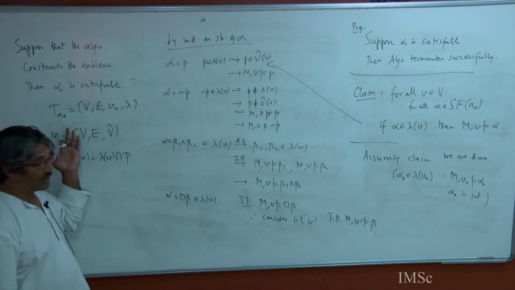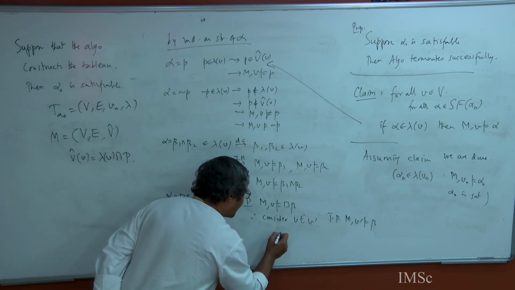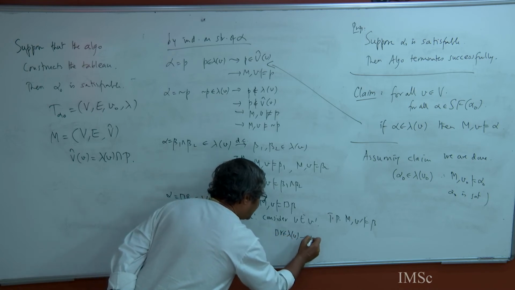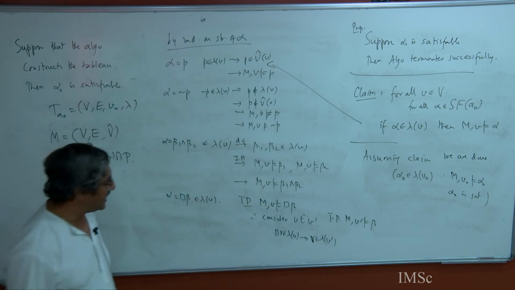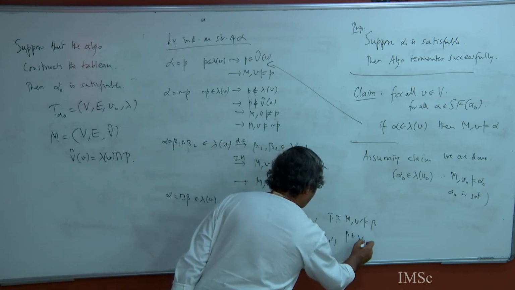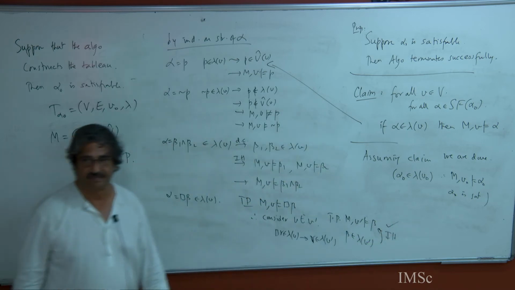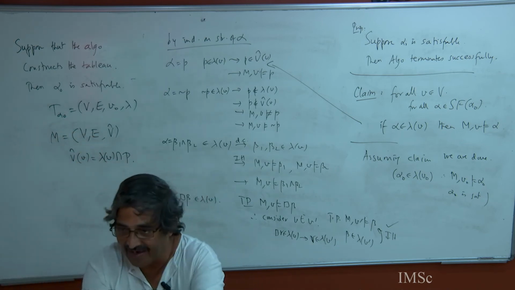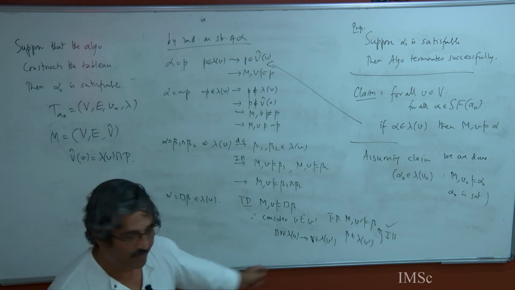But T is a tableau, so whenever V prime is a successor, we know that box gamma belongs to lambda of V implies gamma belongs to lambda of V prime, right? We know that. Therefore, in particular, beta belongs to lambda of V prime, and then by induction hypothesis this follows. Yeah, this is the condition that we have maintained, right? After all, this is the central condition that we maintain. Whenever there is an edge, if box gamma is there in the above, gamma is there in the one below.